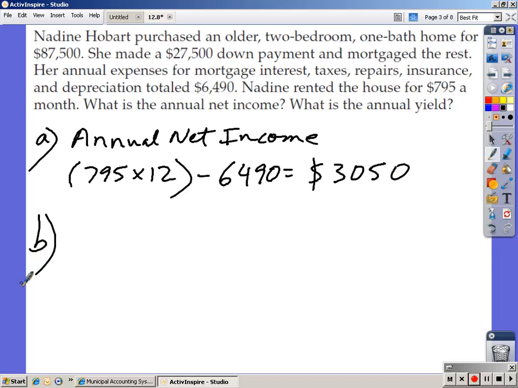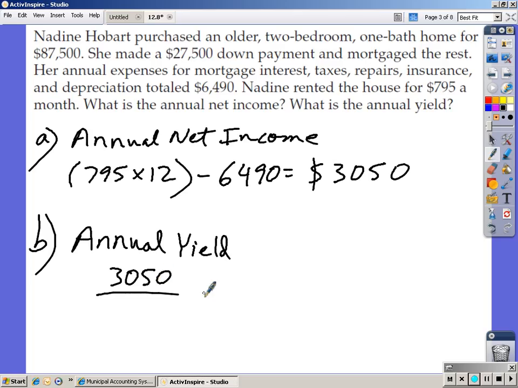Part B wants us to find the annual yield. The formula is the annual net income divided by the cash investment. So $3,050 is my annual net income divided by my cash investment. People get tripped up on this part.